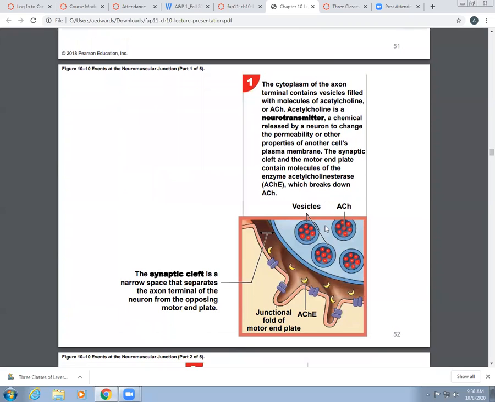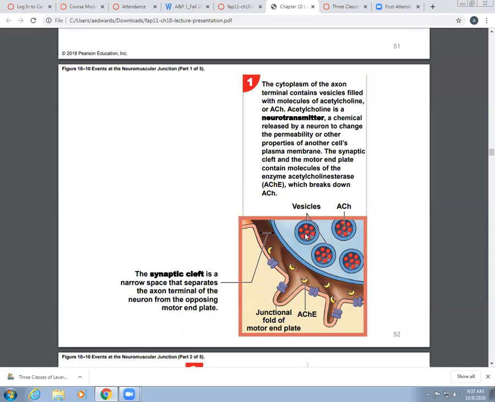All right, so there's your neuromuscular junction. So here's the axon terminal of the neuron, and then here's the motor end plate of that skeletal muscle fiber. The space between the two is called a synaptic cleft. The cytoplasm in this axon terminal has vesicles in it. Okay, remember vesicles from chapter 3?